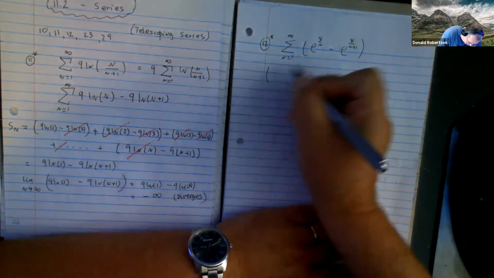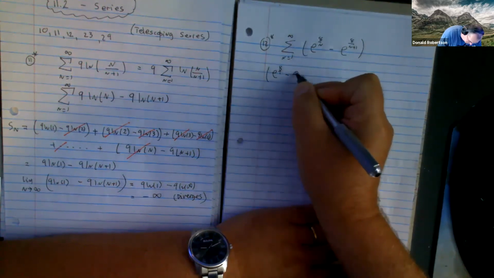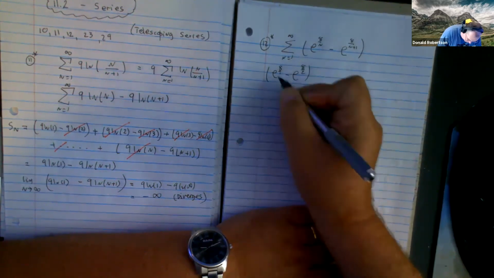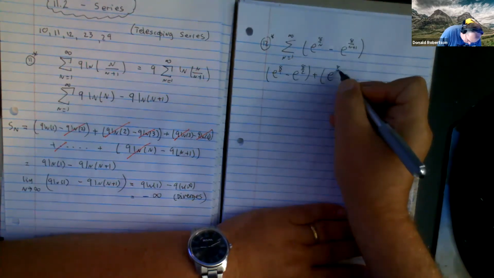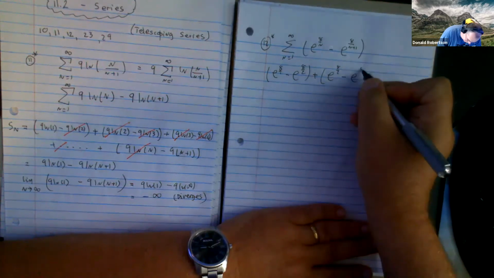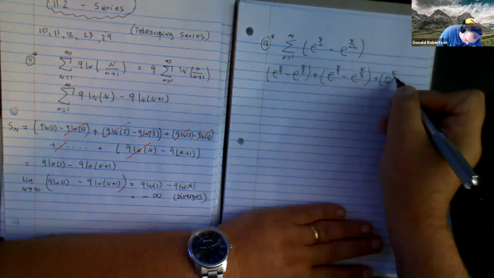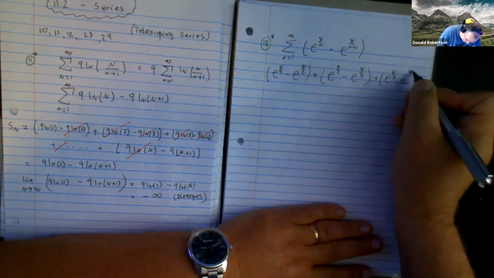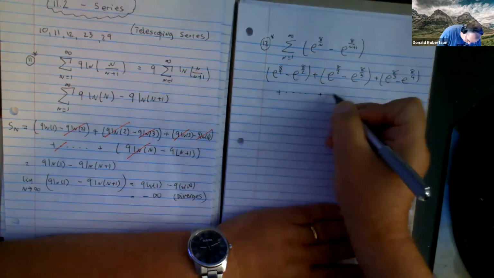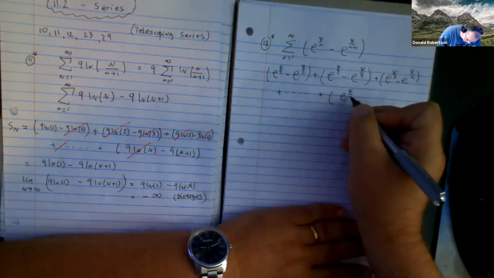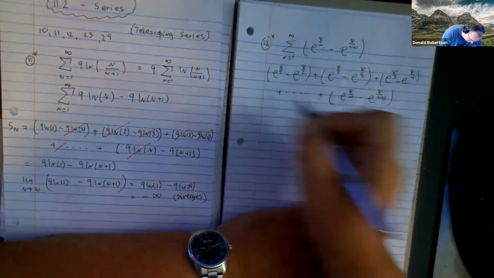If you plug in 1, you get e to the 8 over 1, take away e to the 8 over 2. I know they can be simplified, but I'm not going to bother. Then you plug in 2, and you get this guy. Then you plug in 3. Normally, by the time I get to this, I kind of know what's happening. And then you plug in your general term. That's essentially Sn.